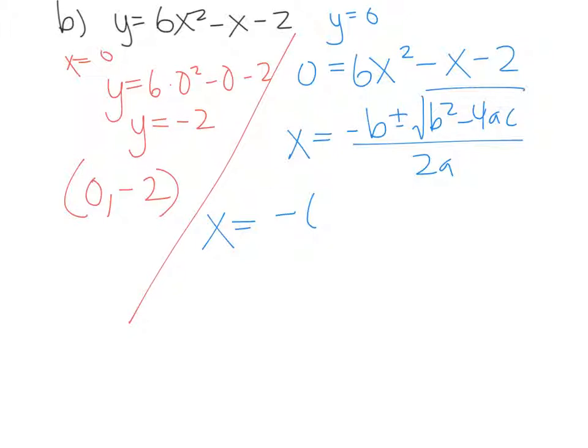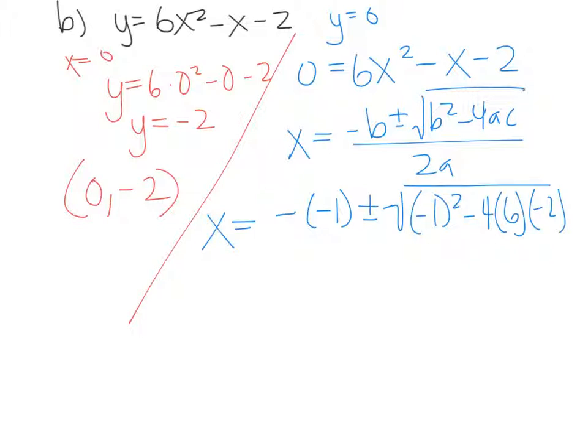Okay, so b is negative 1, put in negative 1 squared minus 4 times 6 and negative 2, all over 2 times 6. Now it's just all this messy order of operations.